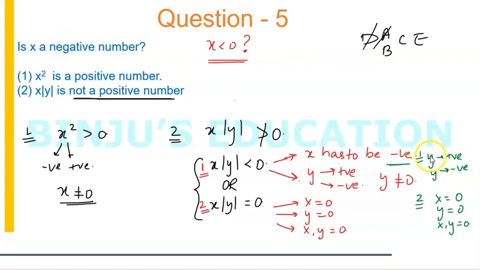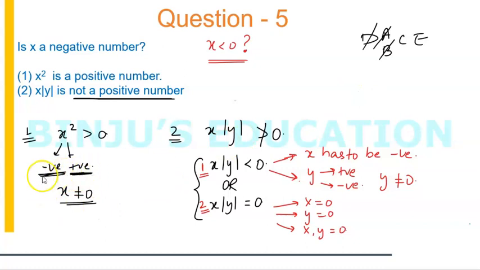Anyways, coming back to the question. So from the second statement again, you don't have a conclusive answer, which means B also goes out. Now, if I combine both of them, so in this case, x is negative or positive.